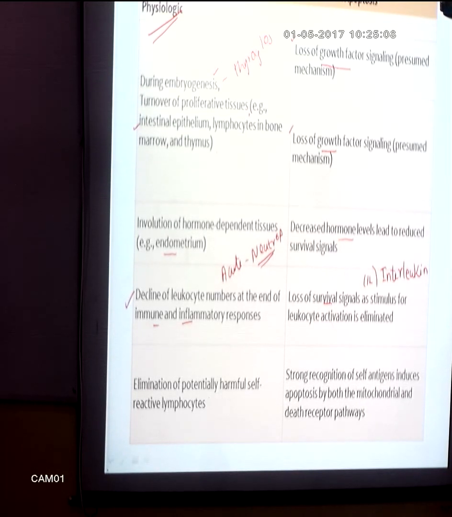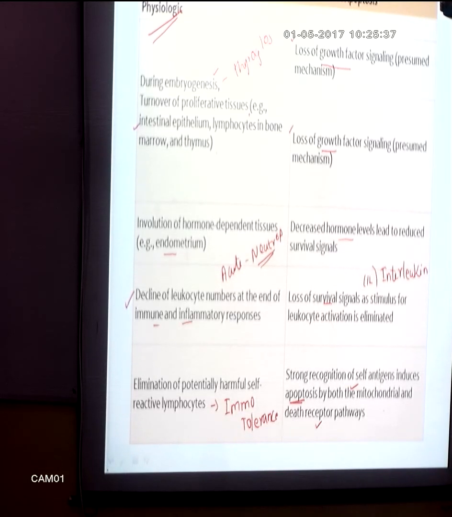Elimination of potentially harmful self-reactive lymphocytes. This is the mechanism for immunological tolerance. What prevents my body against autoimmunity is that during birth my self-reacting lymphocytes will be presented to the thymus. How are they removed? Their apoptosis occurs by both mitochondrial as well as death receptor pathway.